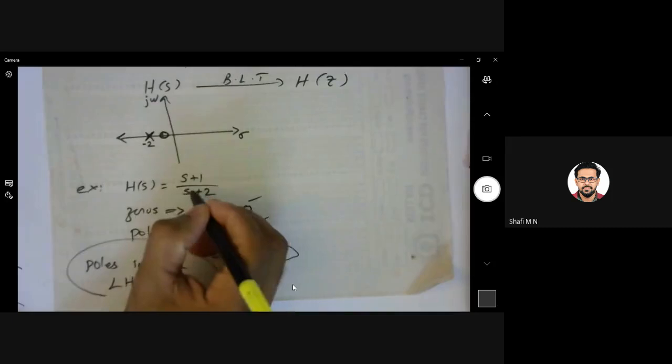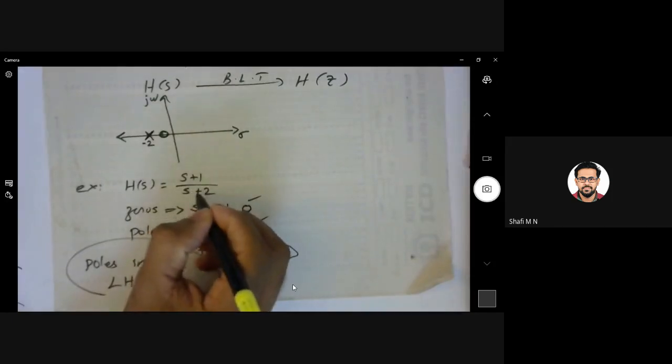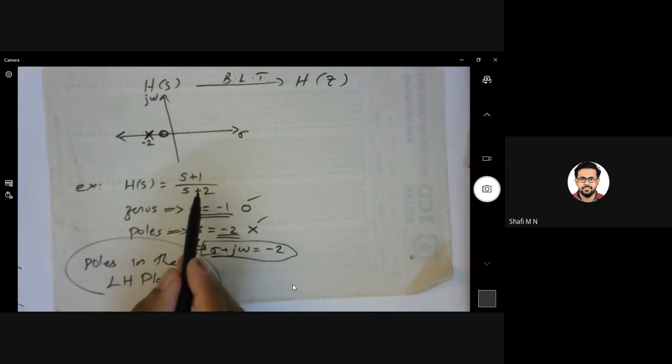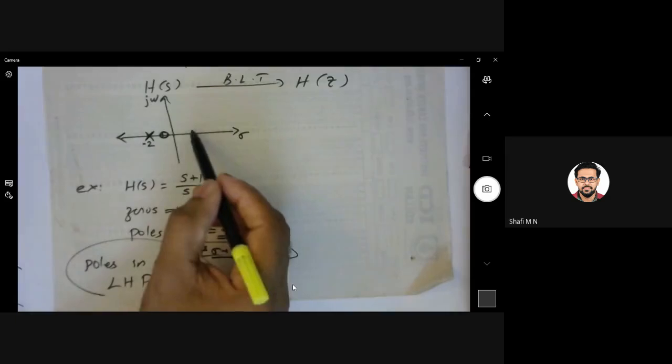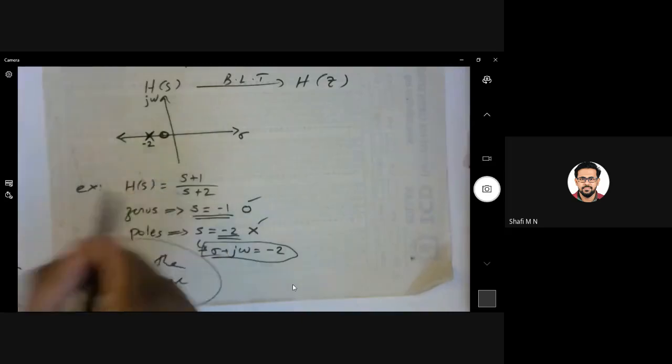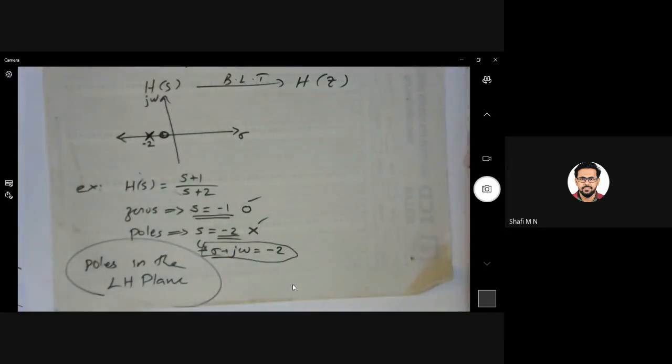What will happen to stability if it is s minus 2? What if it were plus 2? Where will your pole be? Right side. The pole will be on the right side, so the system will become unstable, right?